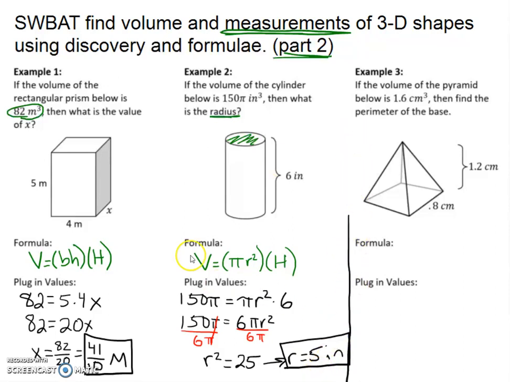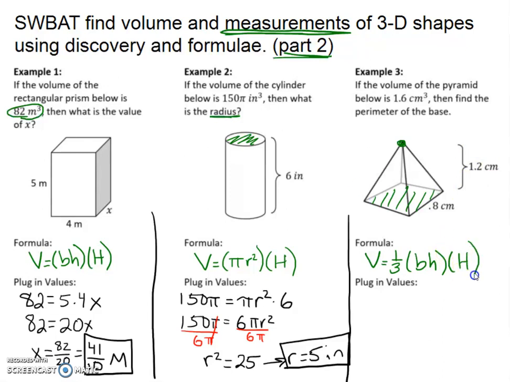All right, last example of this video. What we have here is a point solid this time because the rectangular base all connects to that point. So our volume is 1/3. Point solids always start with 1/3. The base is a rectangle, so base times height, and then the height of the entire thing, which is going to be that 1.2.